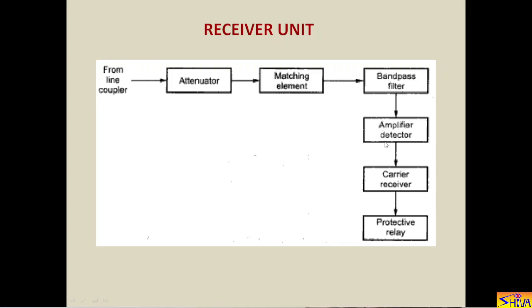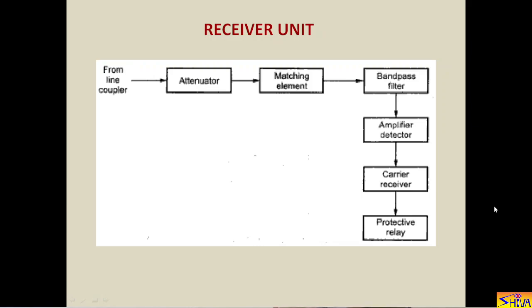The next unit is the amplitude detector. That is not amplifier detector, but it is amplitude detector. It again detects the amplitude of the carrier signals, whether the magnitude is within the range or not. If it is within the range, then it is passed on to the next unit, that is the carrier receive unit, and this carrier receive unit further passes this signal to the protective relay.